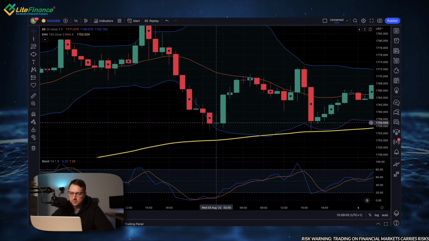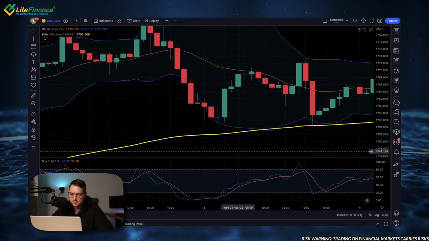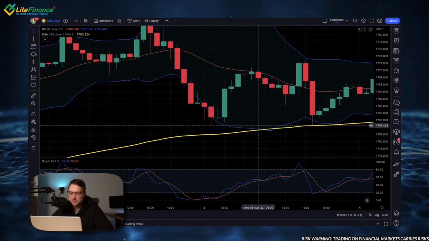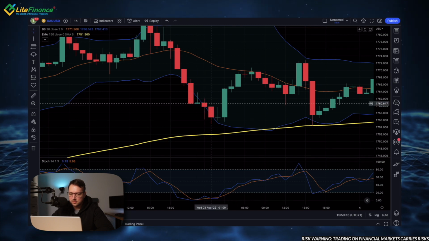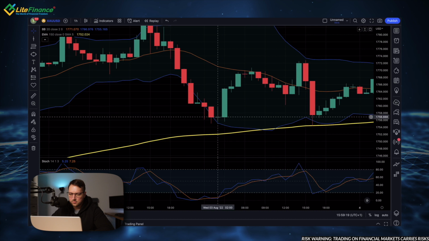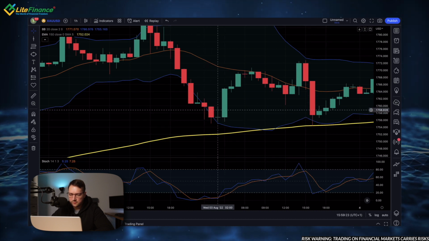And we see down below that the stochastic lines were crossed here and again over here. So the first one is fairly enough for us.